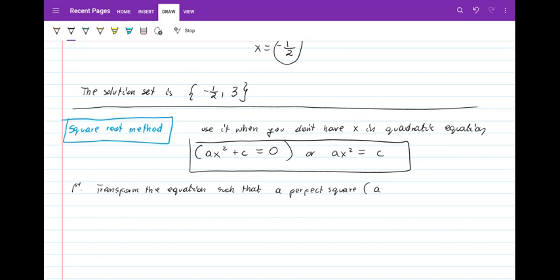So here we're talking about constant c, and the constant is on the other side of the equation.